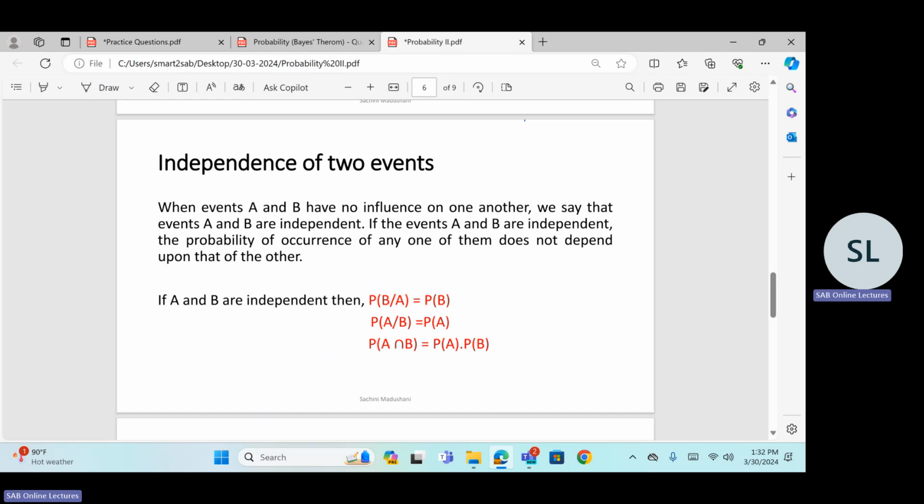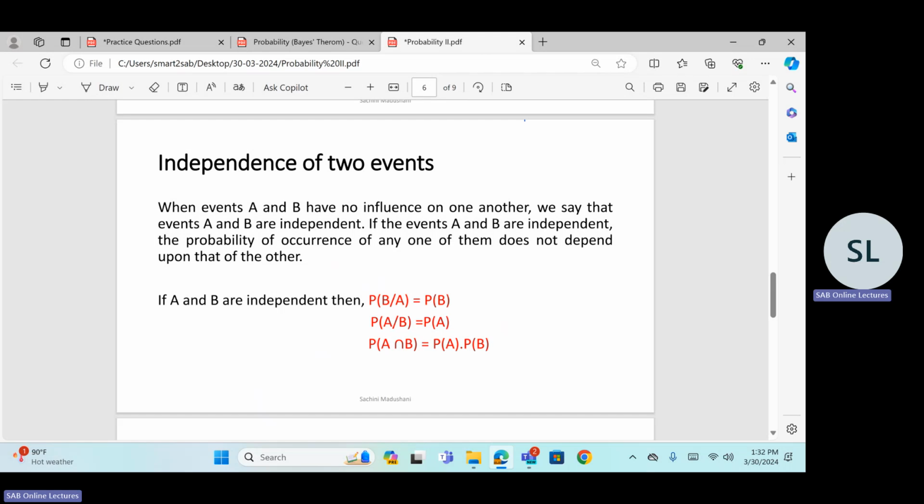The other one is independence of two events. All of you know the meaning of independence? Not depending on the other. In the probability concept, independent means that we take two events A and B, and these two events have no influence on one another.